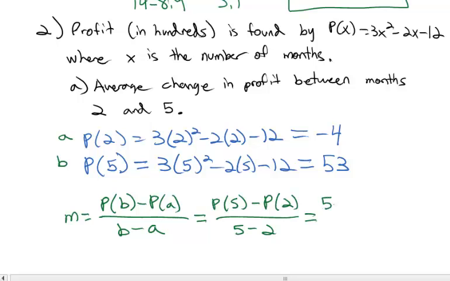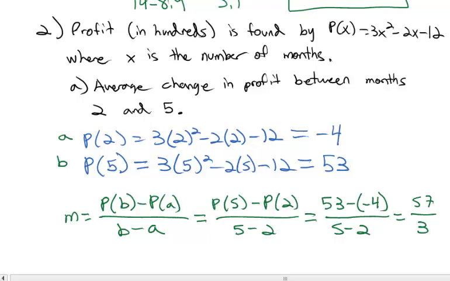So P of 5 we found out was 53, minus P of 2 we found out was negative 4, all over 5 minus 2, that's going to be 57 over 3.